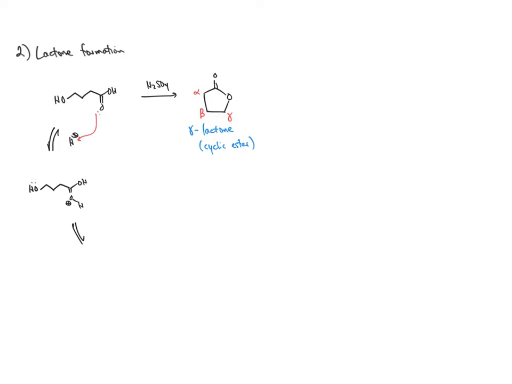And so the lone pairs on oxygen are going to attack the pi star CO, and that's going to generate a new intermediate. This new intermediate is this one, and so we need to deprotonate this charged species to give us a neutral species.